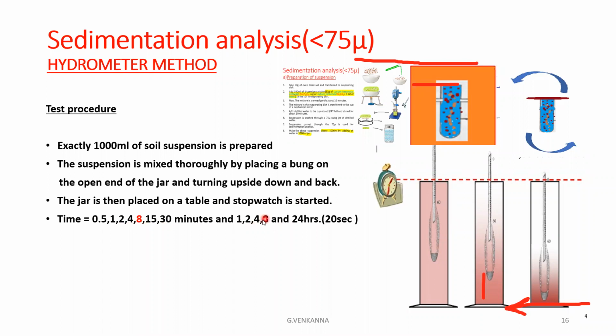Each time we place the hydrometer in this jar about 20 seconds before the time interval. So if we take the sample at 1 hour, that means 59 minutes 40 seconds, the hydrometer is placed in this jar. Then note down the hydrometer reading.